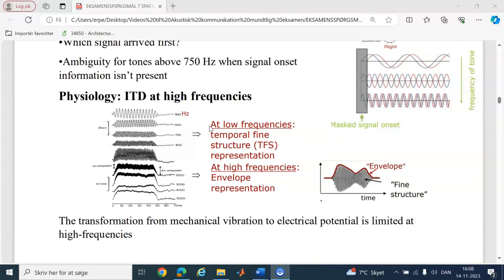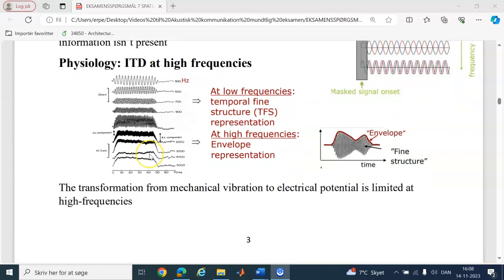Physiology. At low frequency, ITD follows the temporal fine structure representation. At high frequency, it's an envelope representation. The transformation from mechanical vibration to electrical potential is limited at high frequencies.